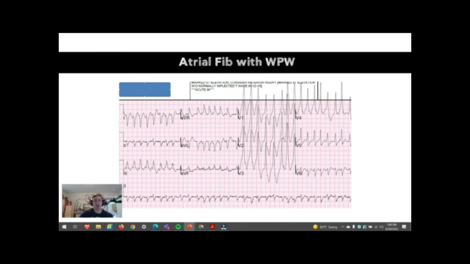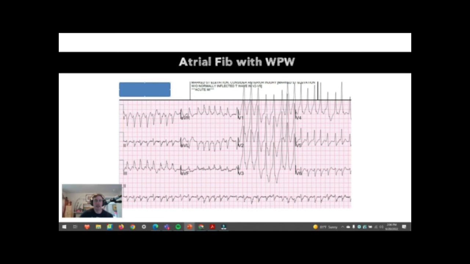Now, what is this? This is wide, fast. How fast is it? Well, let's try to find an R that is on a thick line. Here's one. This is almost just one big box apart, so this is approaching 300.